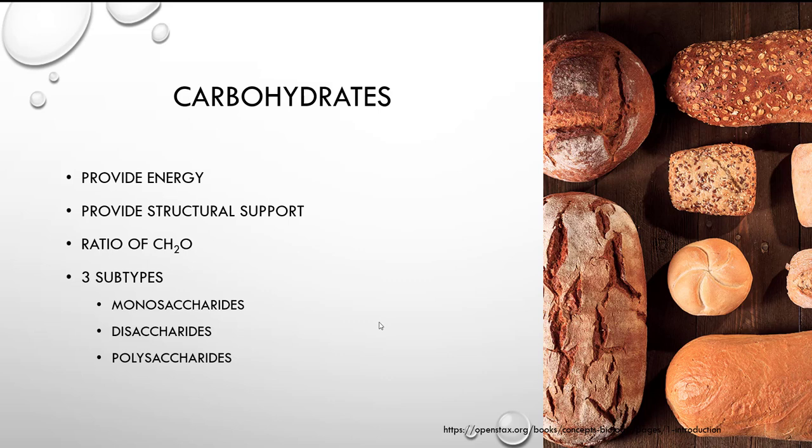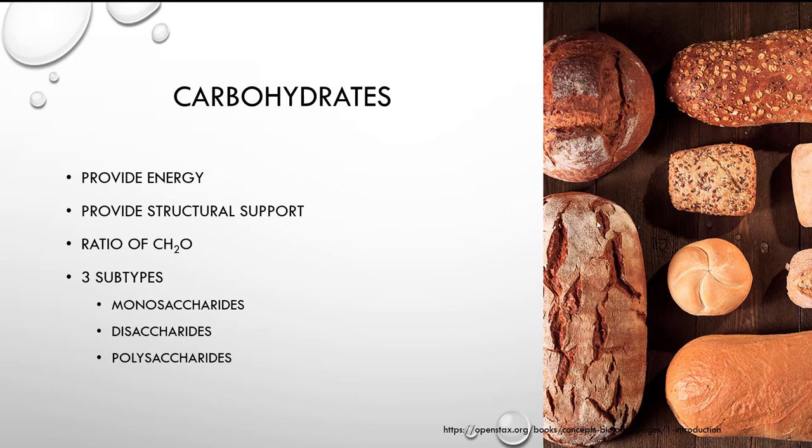Let's start out with our first macromolecule, the carbohydrate. What do carbohydrates do for you? Think about foods that are full of carbohydrates. Mainly they provide energy because this is our source of sugars. Foods high in carbohydrates tend to be high in sugar content, such as sweets, candies, and fruit.